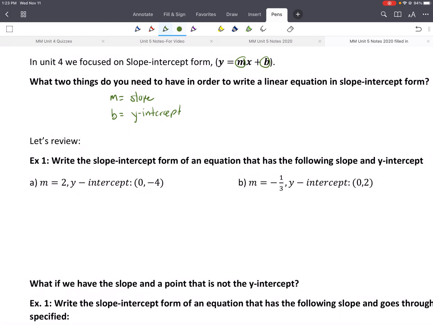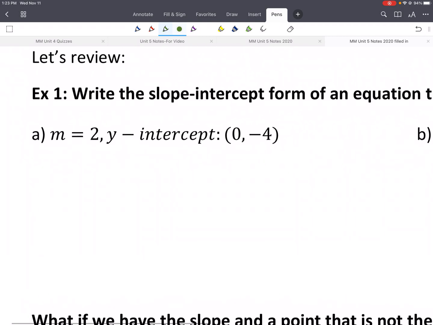Write the slope-intercept form of an equation that has the following slope and y-intercept. So looking at A, slope is 2, and the y-intercept is (0, -4). So again, this would be our b, and this would be our m. We'll write that into our equation, y equals mx plus b, which would be y = 2x - 4.